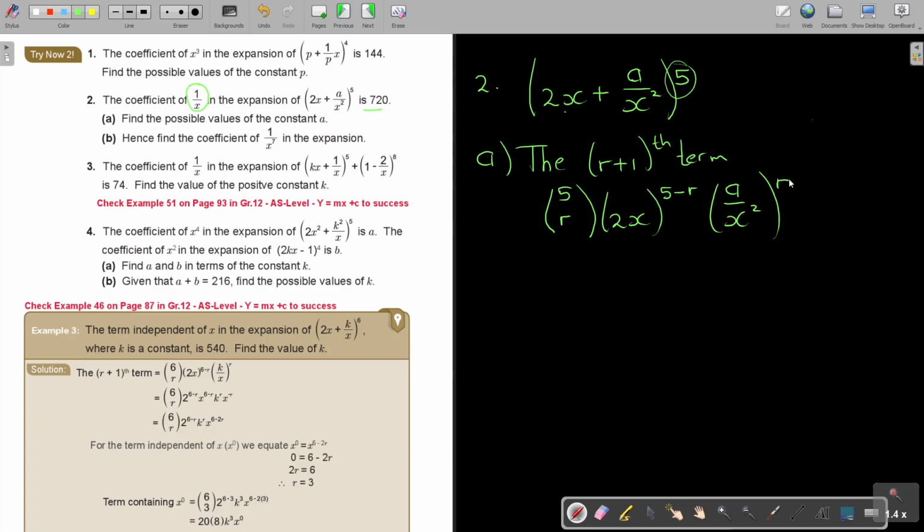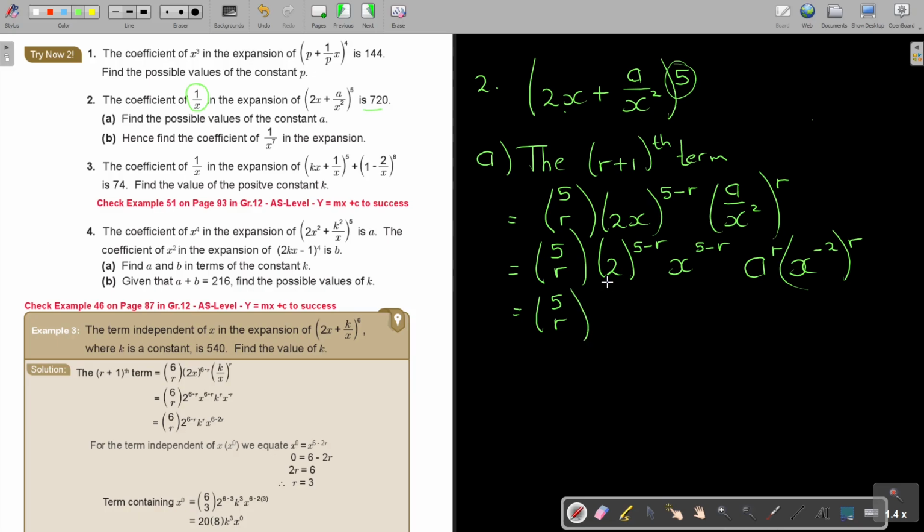And then I just spread it out, or just make every base an index. So it's 5r, so it's 2 to the power 5 minus r, x to the power 5 minus r, a to the power r, and then x, don't forget, it's -2, and then you go to r. So you have to first bring it up to the numerator. Okay, let's simplify it further. 5r, and then this is going to be 2, 5 minus r.